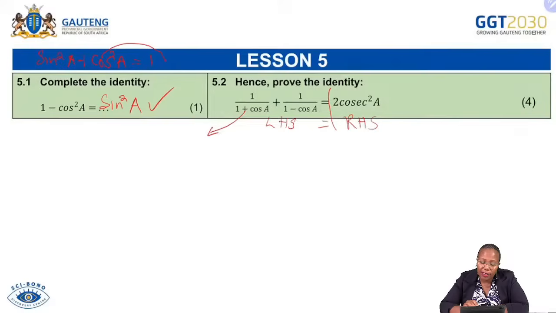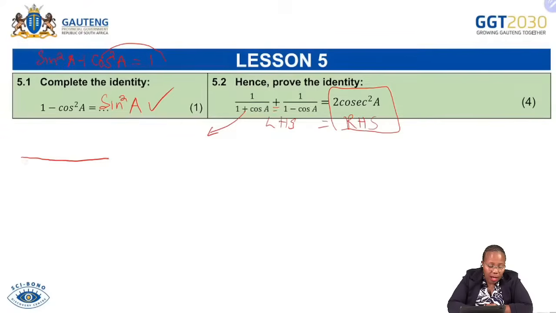So that means this is the answer that is given to you, right-hand side, if you simplify the left-hand side. So now we are adding two fractions. That means we apply the LCM or LCD method. Our LCM is (1 plus cos A) times (1 minus cos A).